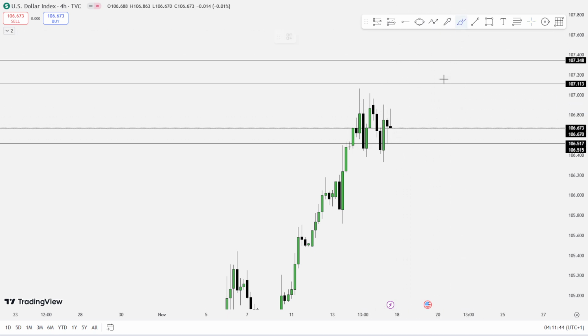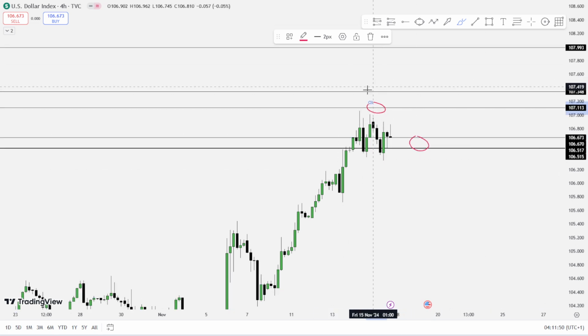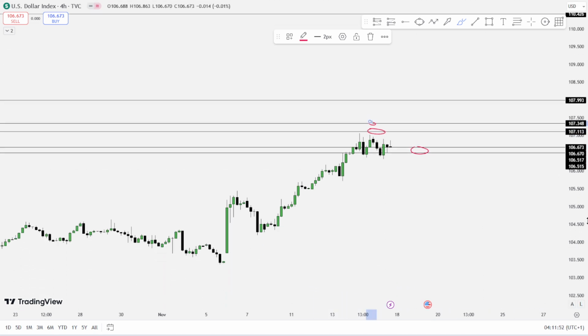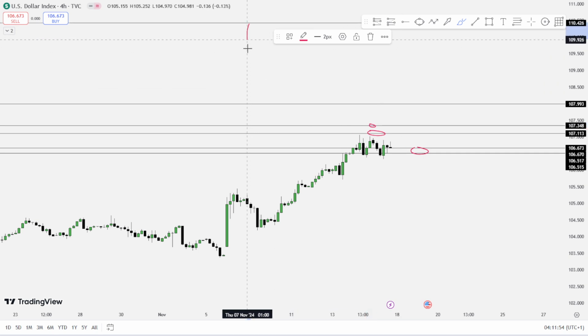This was the gap, and this is the next liquidity. Also this liquidity before this whole gap has to be filled.